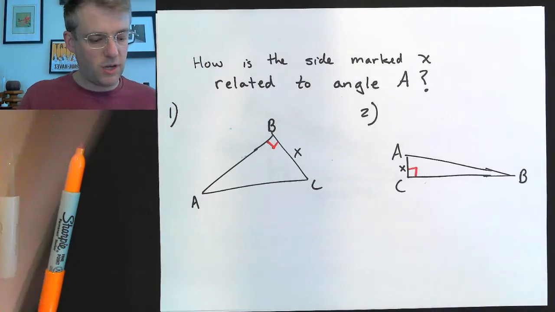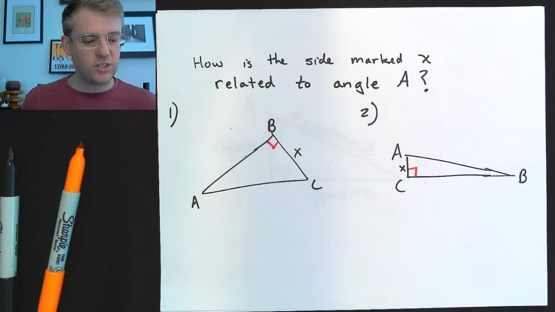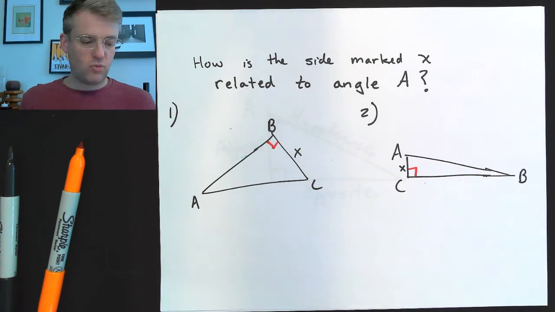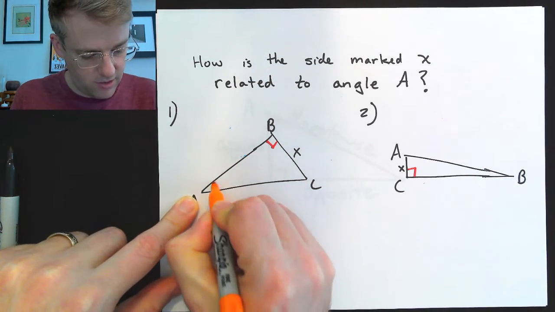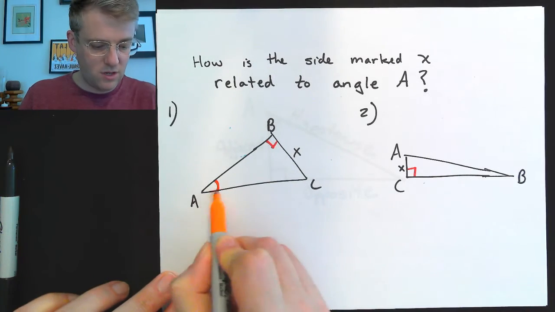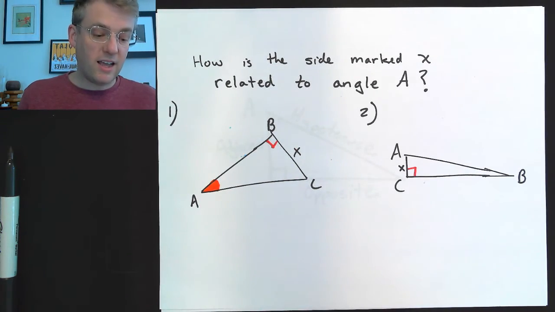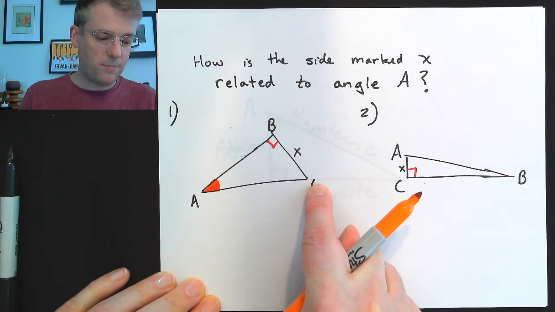When we do the problem set for this benchmark, the questions are going to be phrased something like, how is the side marked X related to angle A? So I've got two examples here we can walk through. Angle A in this first example is the bottom left. So I'll color that in orange. And I can recognize immediately the hypotenuse is the one across from the right angle. It's along the bottom.